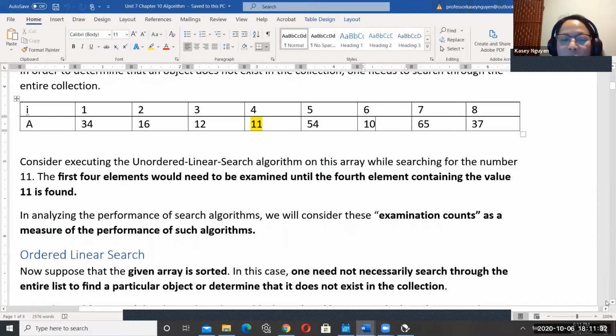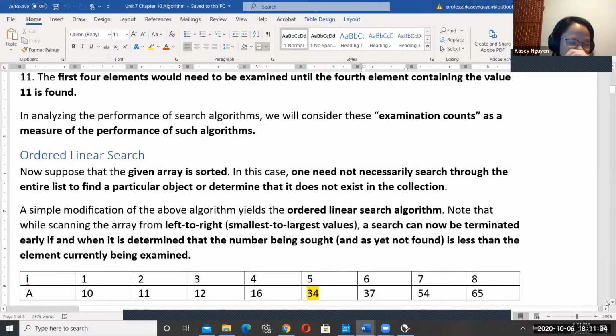In the ordered linear search, which is on page 1, it tells you that we would have a pre-sorted set of data. So your array is already sorted. So let's say that you have the user input the values, and you create a dynamic array where it would be flexible to the number of inputs that the user has entered.